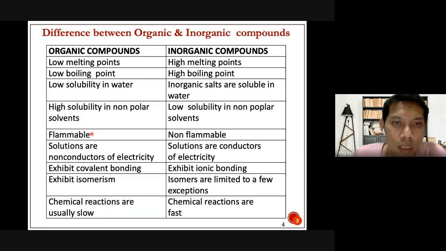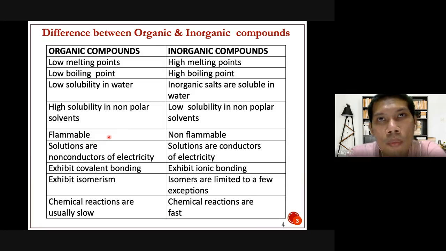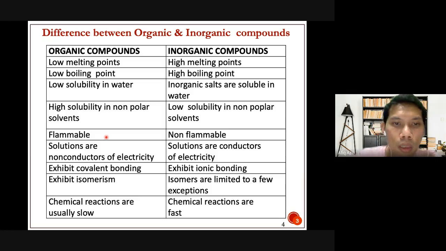And flammable, yes, being organic compounds, most are flammable. So if you go into the lab, make sure that you check the label on each container. There will be a symbol like a fire symbol, which is the symbol for a flammable material.